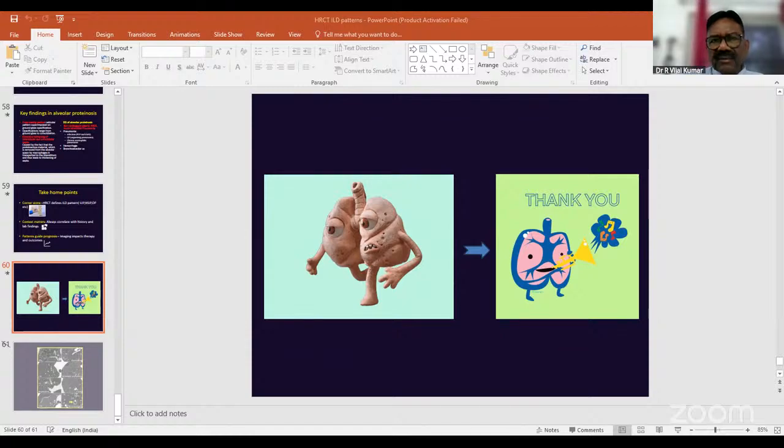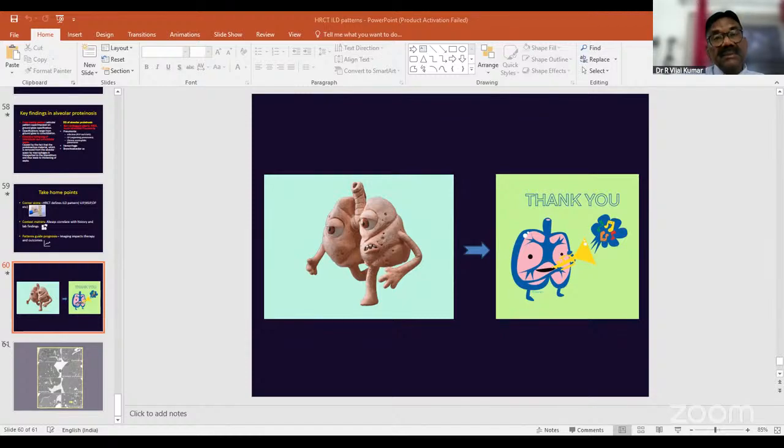It could be after 4 weeks or 6 weeks. But then there are certain diseases like idiopathic pulmonary fibrosis where you don't see much change between one CT scan and another CT scan over a period of time, even with treatment. They only keep on worsening and they don't get better.